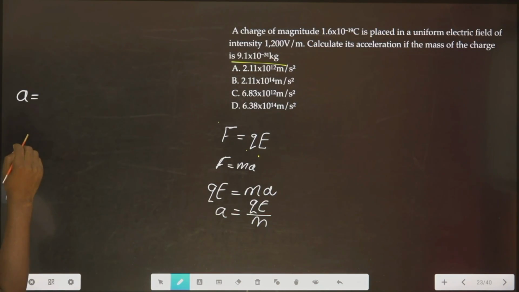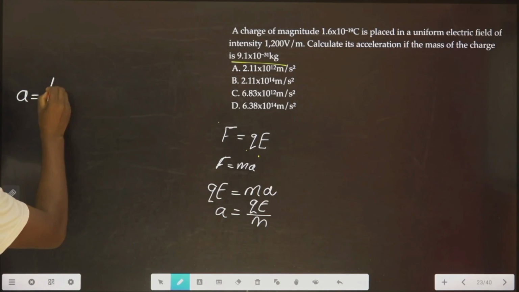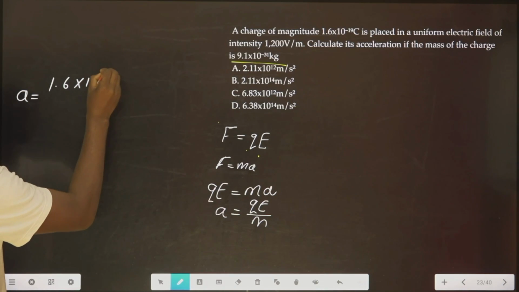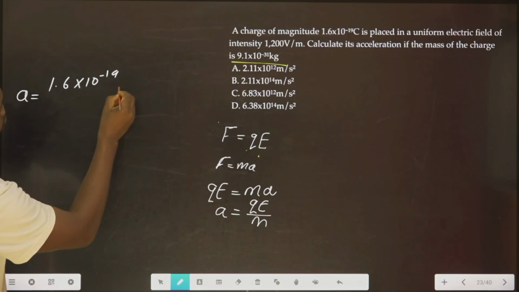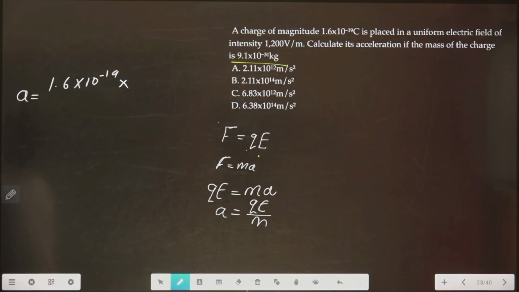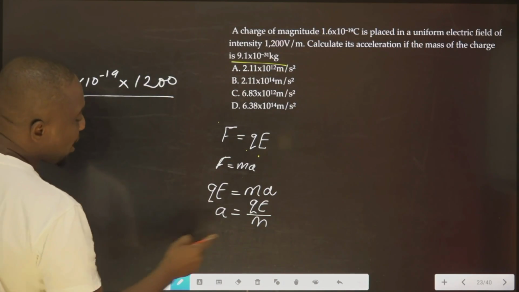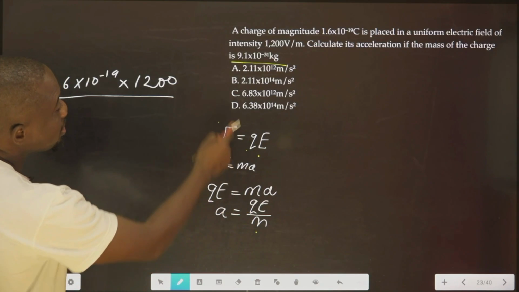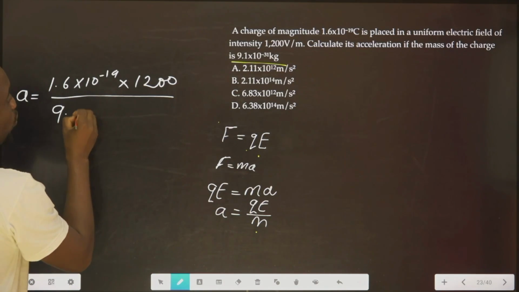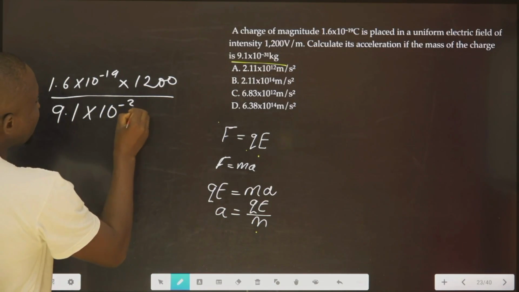The charge is 1.6 multiplied by 10 raised to the power minus 19. What is the electric field? It's 1,200. What about the mass? The mass is 9.1 times 10 raised to the power minus 31.